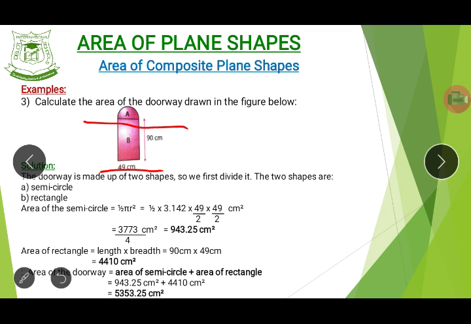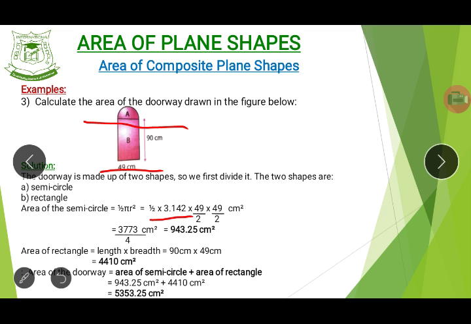So half of a diameter is what? A radius. All right. So the radius which we have here will now be half of the diameter, which is 49 over 2. So 49 over 2 times 49 over 2, that will be our r squared. Okay. And in this one, I'm also using my pi to be 3.142, as you can see here.